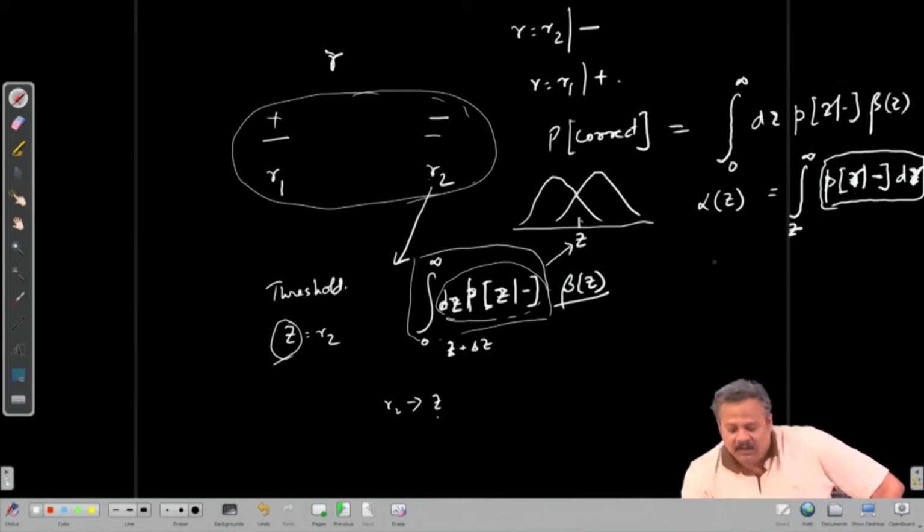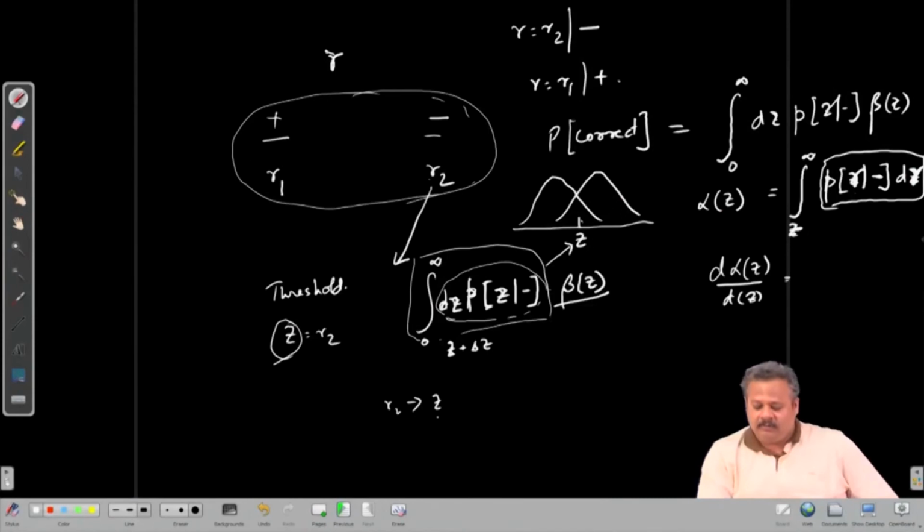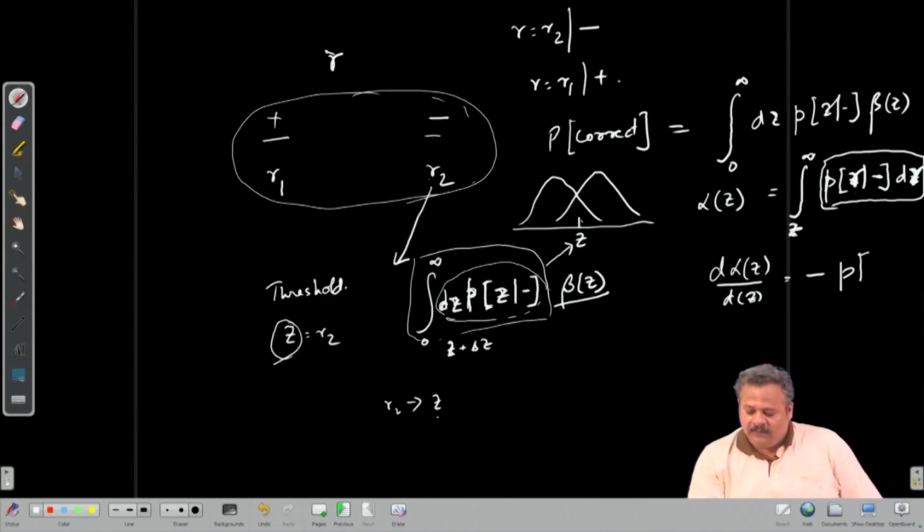Now, if we consider our d alpha z dz, by applying the rules for the derivative of an integral, where we have the function of the variable based on which we are taking the derivative in the limits, then this derivative turns out to be minus p of z given minus.